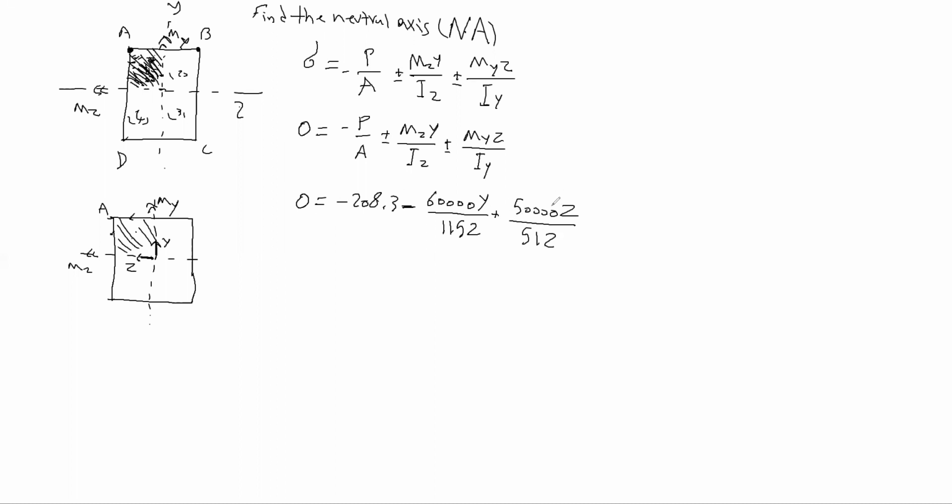Look at it now just as mathematics, not material. This is an equation based on Y and Z, right? So if we put Y, we can find Z, or if we put Z, we can find Y. So now let's find the values in this quadrant.